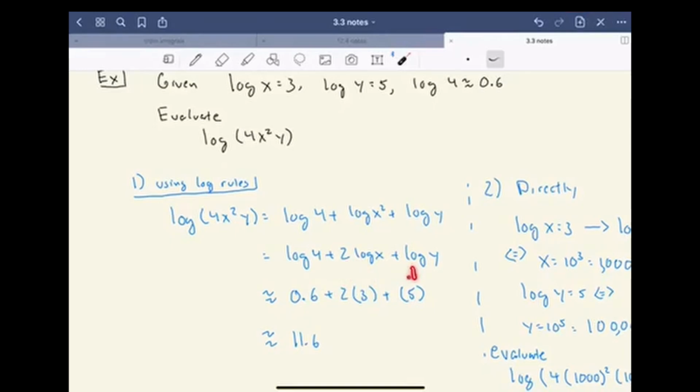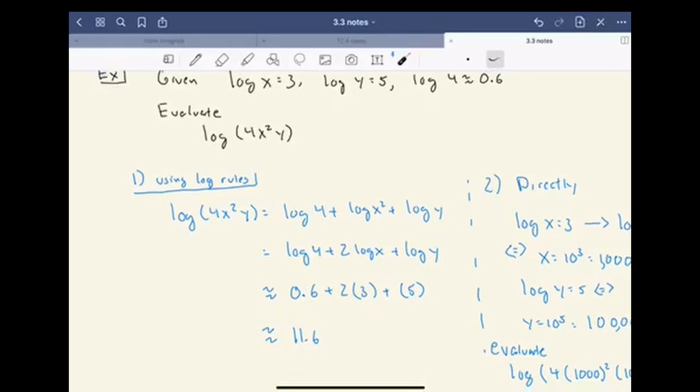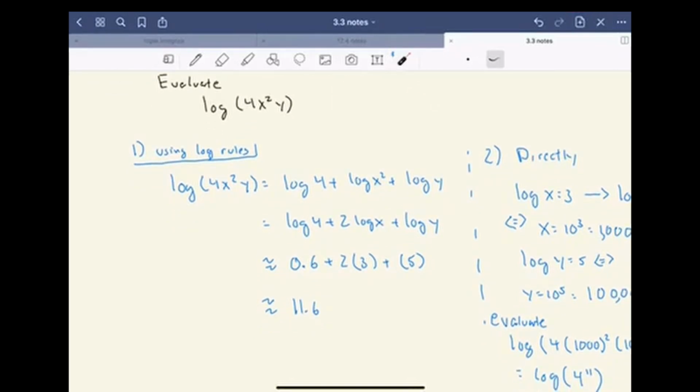Log of y is 5. So, 0.6 plus 2 times 3 plus 5 gives you 5 plus 6 plus 0.6, 11.6. This was the sort of expected way to do it.